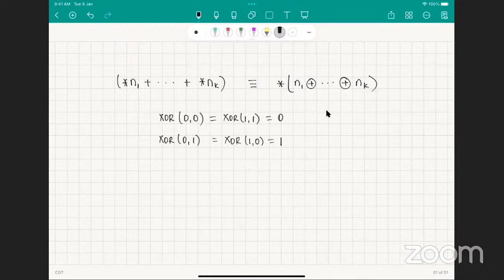That generalizes to any number of bits. It's a 1 if the number of ones is odd, and it's a 0 if the number of ones is even.